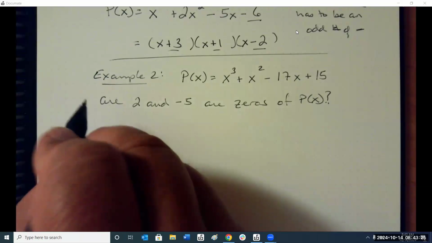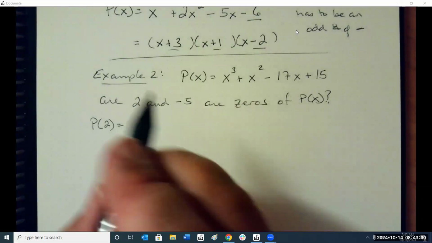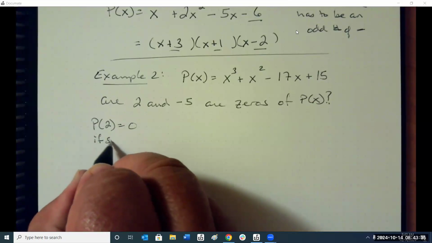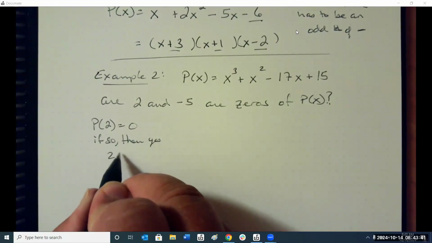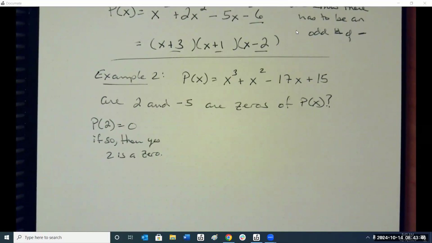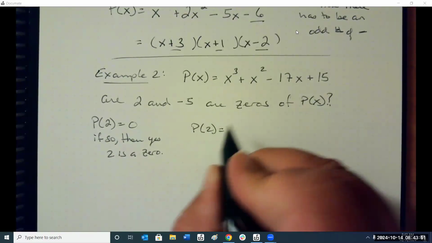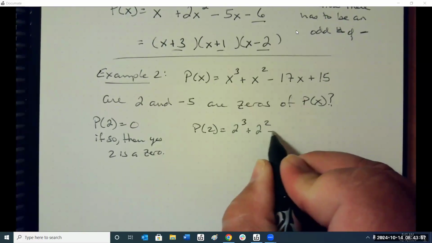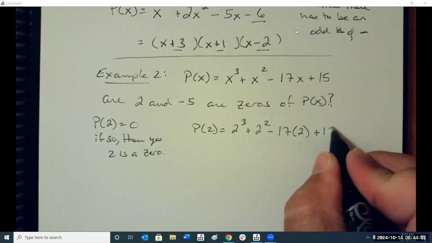What that's saying is if I plug in 2 inside the function, will it equal 0? If so, then yes, 2 is a 0. So let's check it out. At p of 2, we get 2 cubed plus 2 squared minus 17 times 2 plus 15.